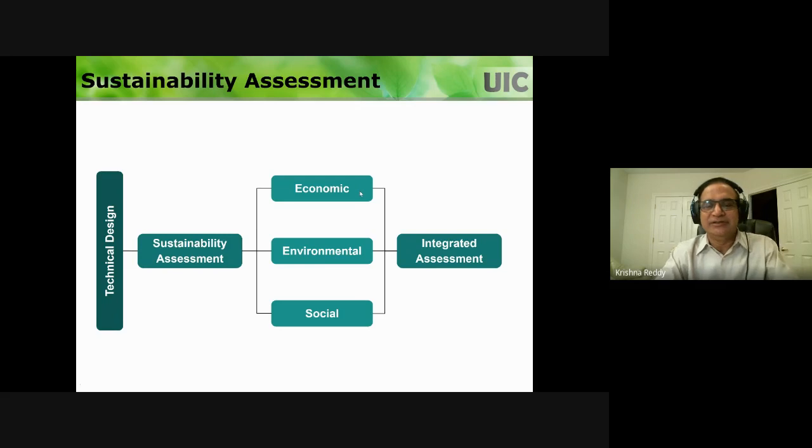Otherwise the decision is easy to make, but sometimes environmental aspects are good for one case, but economic aspects are bad, or social aspects are bad. So we cannot say just based on the environmental aspects this is more sustainable. So we really need to consider all the three pillars of sustainability equally, and then make the final decision.